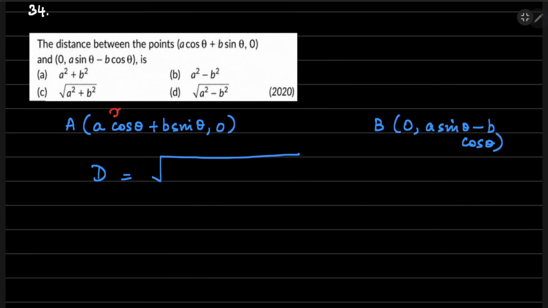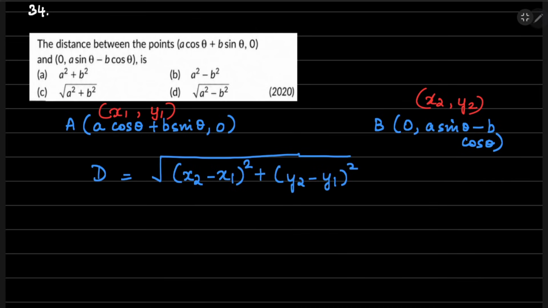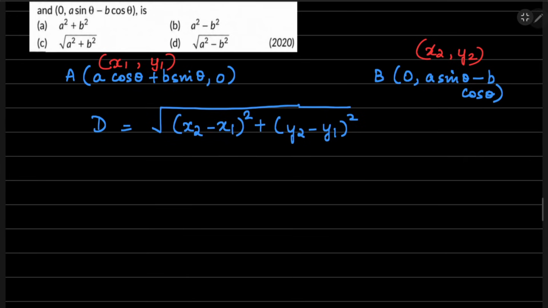So suppose the first point is x1 comma y1, right? And the point B is x2 comma y2. So every point will have an x coordinate, y coordinate. In that case, the distance formula will be root of x2 minus x1 or x1 minus x2 the whole square plus y2 minus y1 the whole square. Right? Let's apply this here. So what is your x1? This entire thing is your x1. Here your y2 is the second term, right? Let's apply it.